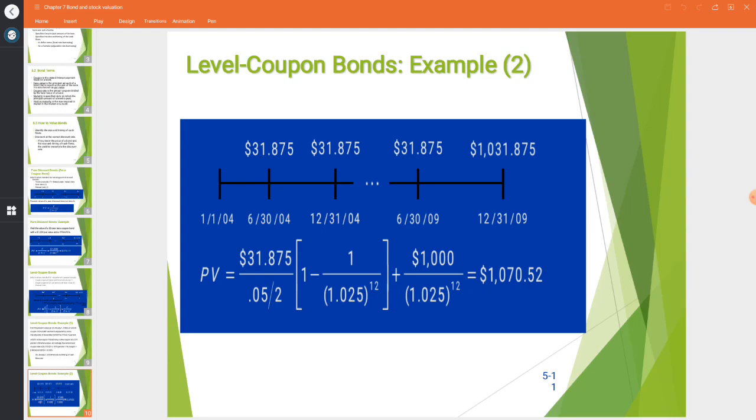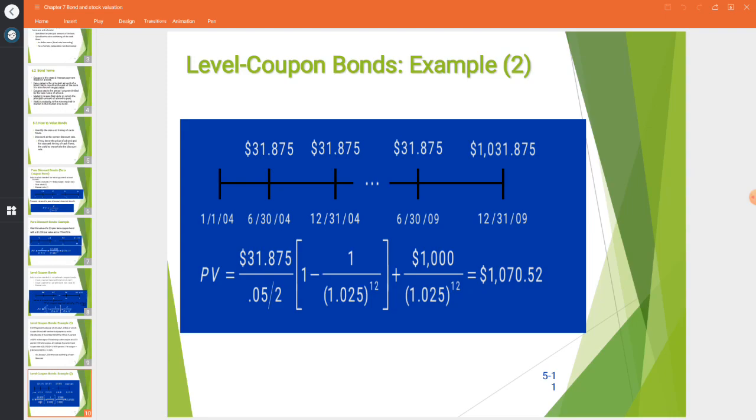But since we are having a semi-annual bond, we must divide the annual interest rate by 2, so it is 0.5 divided by 2, multiplied by 1 minus 1 over 1 plus R. R also should be divided by 2, so it is 0.25 power to T. T, time to the maturity, is 6 years, but this coupon is paid every 6 months, so T will be 12, 6 multiplied by 2.